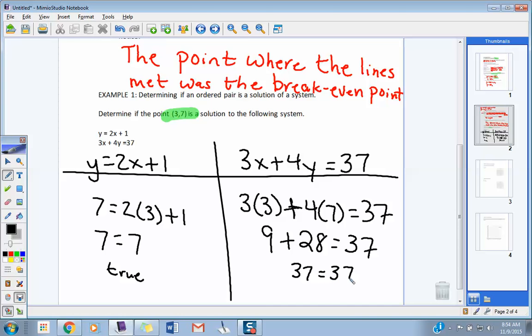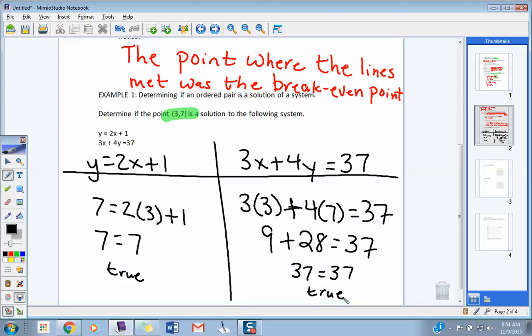Statement's true. So when I put that point into both equations, and that point gets you to a situation where both equations are true, is (3, 7) a solution to that system? You bet it is.